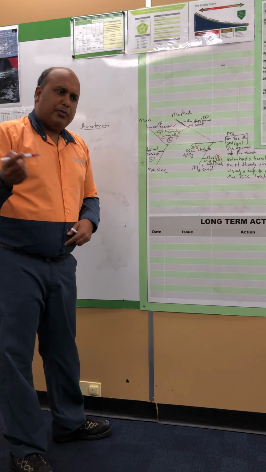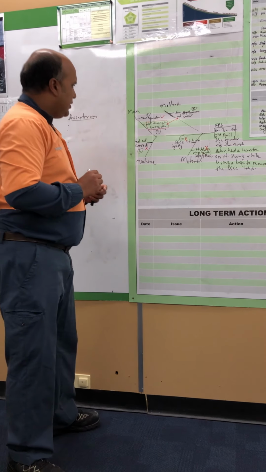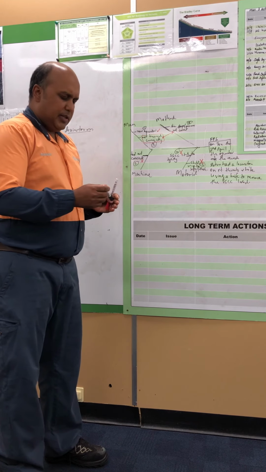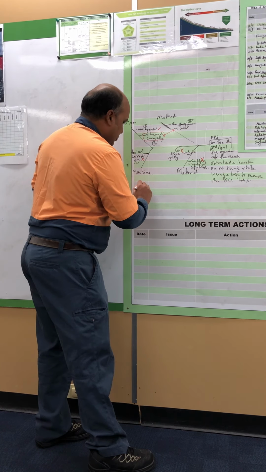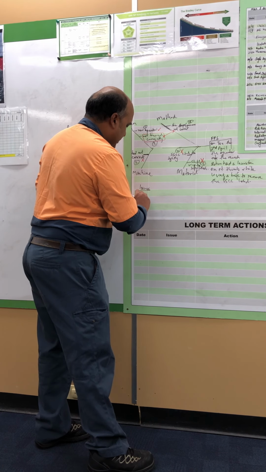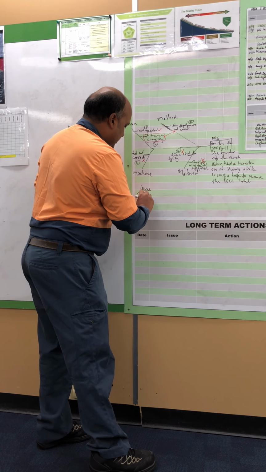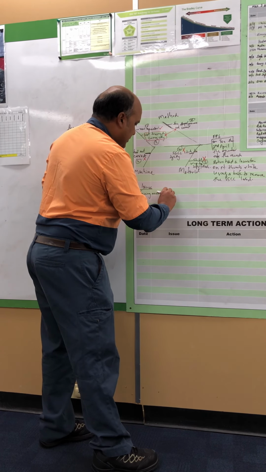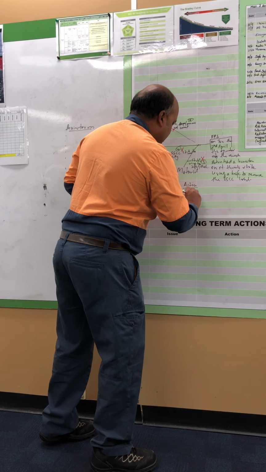Now, the knife was the right tool that was used, so this is out. So what we're looking at now is the steps in the process. This is where we put that into our issues and actions to do. So our issue here is the training material and the steps, and the action here is to review.